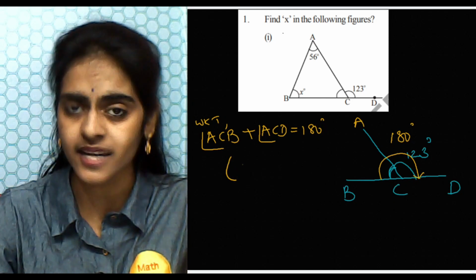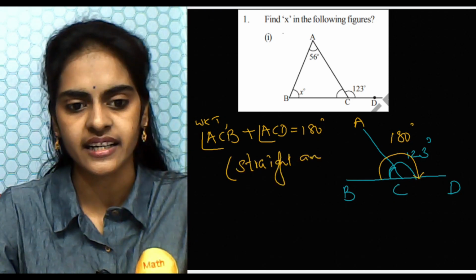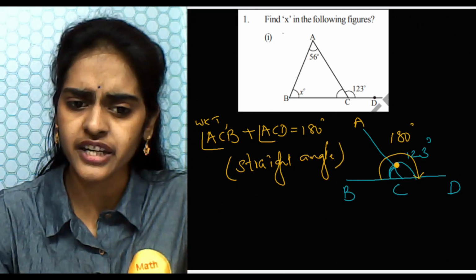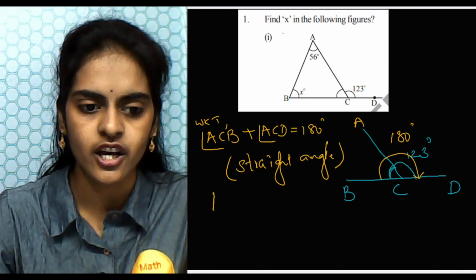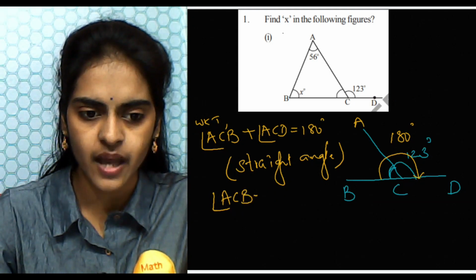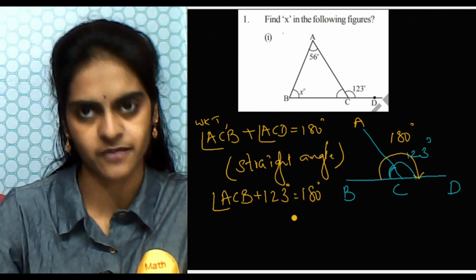Why? Because it is a straight angle. We know this ACD is 123 degrees, it is given, so let us substitute. Angle ACB plus 123 degrees is equal to 180 degrees, clear?